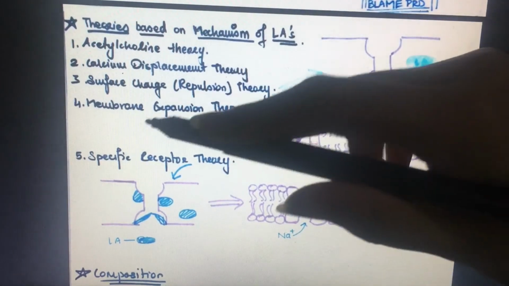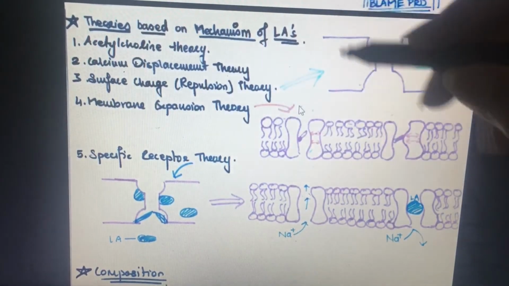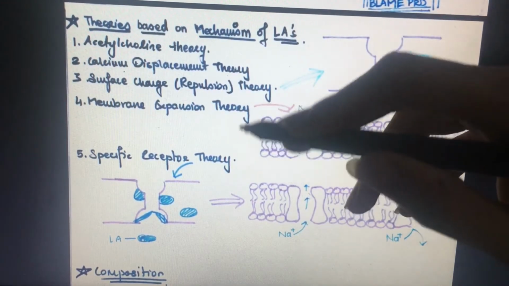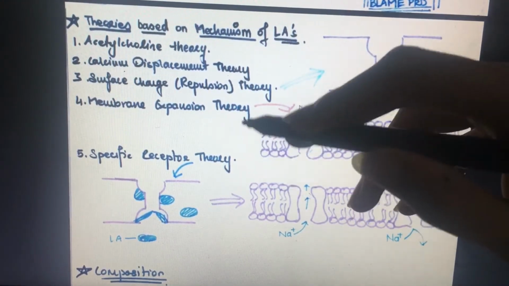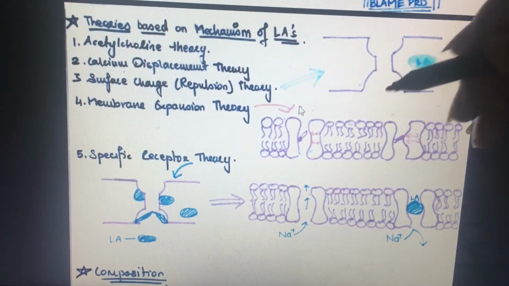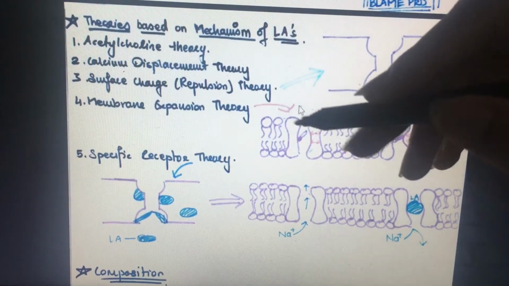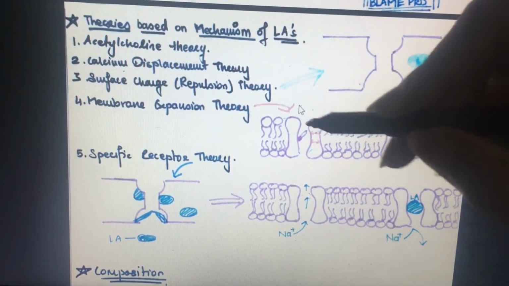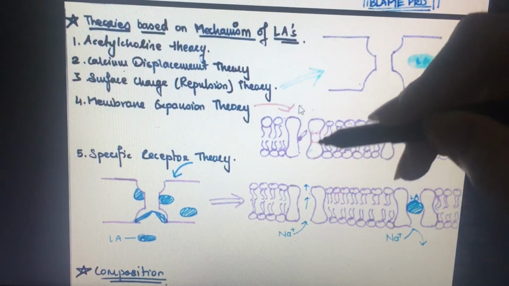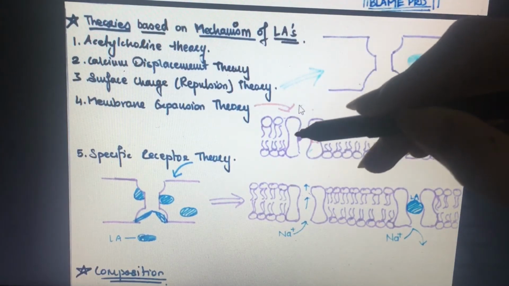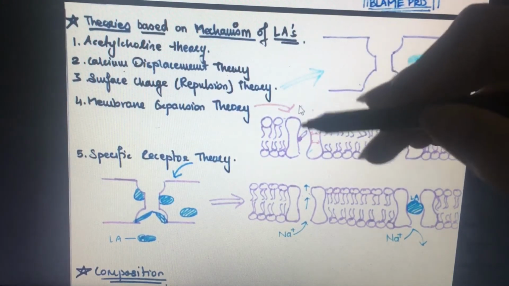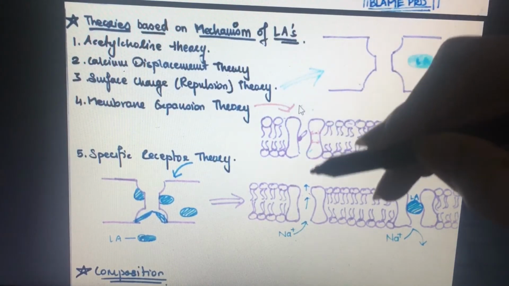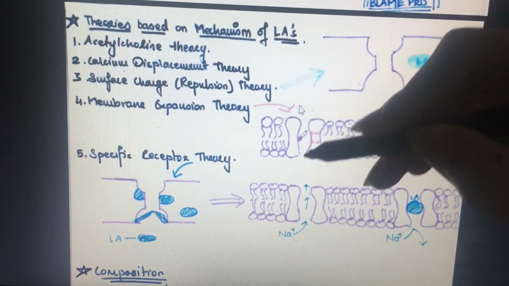The next theory is the membrane expansion theory. This theory and the specific receptor theory are widely used. In membrane expansion theory, I'll explain with the help of this diagram. First, this is the sodium channel along the membrane of a nerve. When there is change in the action potential, the sodium channels allow the sodium ions to enter the nerve through the nerve membrane.